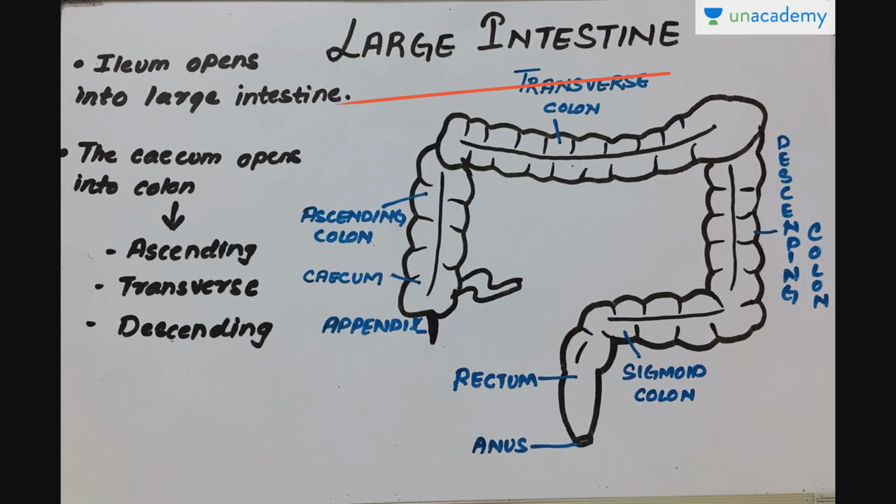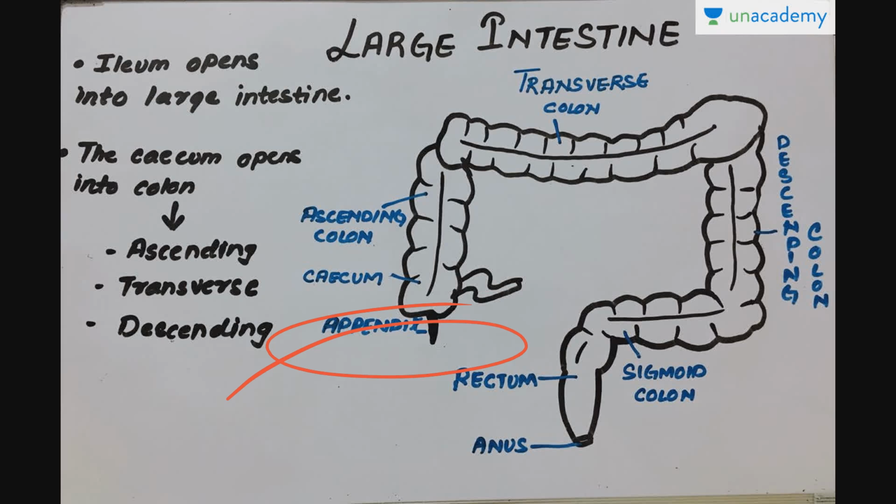The large intestine. The ileum opens into the large intestine. The large intestine in humans is about 1.5 meters. It consists of the cecum, colon, and rectum. The cecum is a small blind sac which hosts some symbiotic microorganisms, and it continues into the vermiform appendix, which is a vestigial organ.